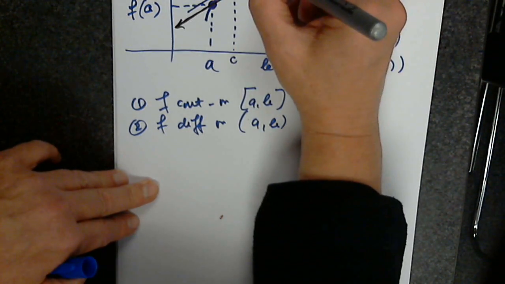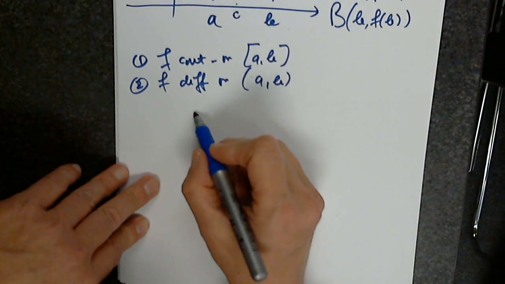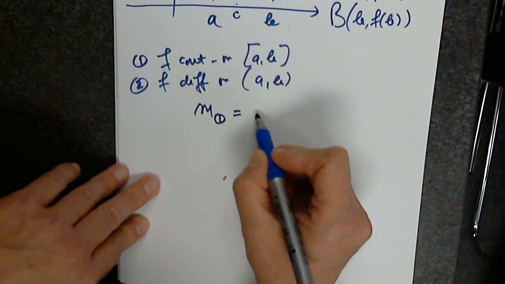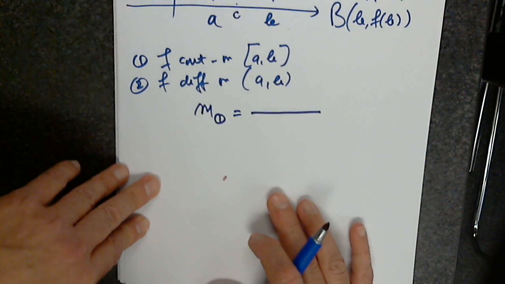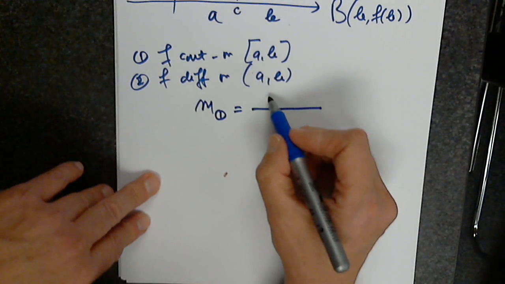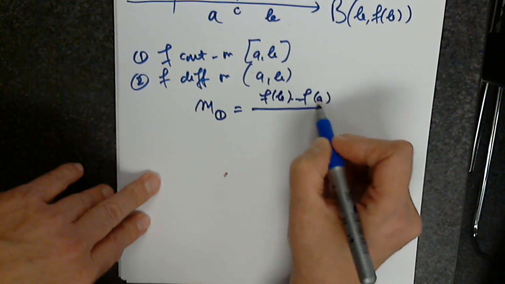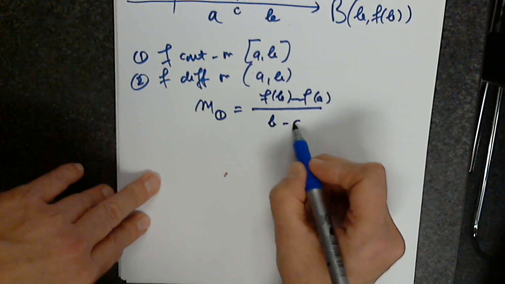And can anyone give us the slope of this line? So I'm going to call it line 1. And can anyone give us the slope of line 1? It should be the difference quotient, f of b minus f of a over b minus a.